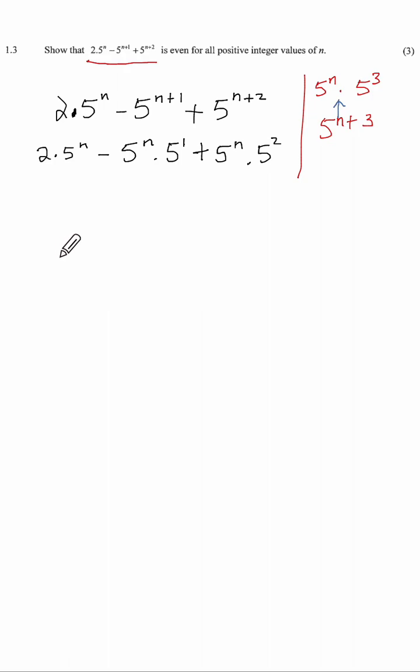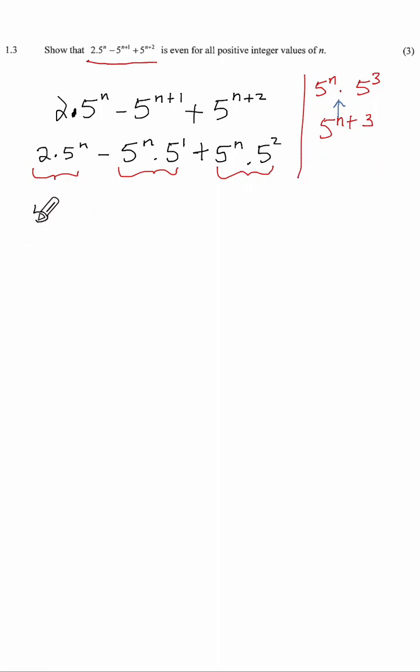So now if I look across these three terms, I have this term here, this term here, and that term. If I look across these three terms, I can see there is a common factor here. The common factor is 5 to the power of n, 5 to the power of n, 5 to the power of n. So essentially I can factor out 5 to the power of n as follows.